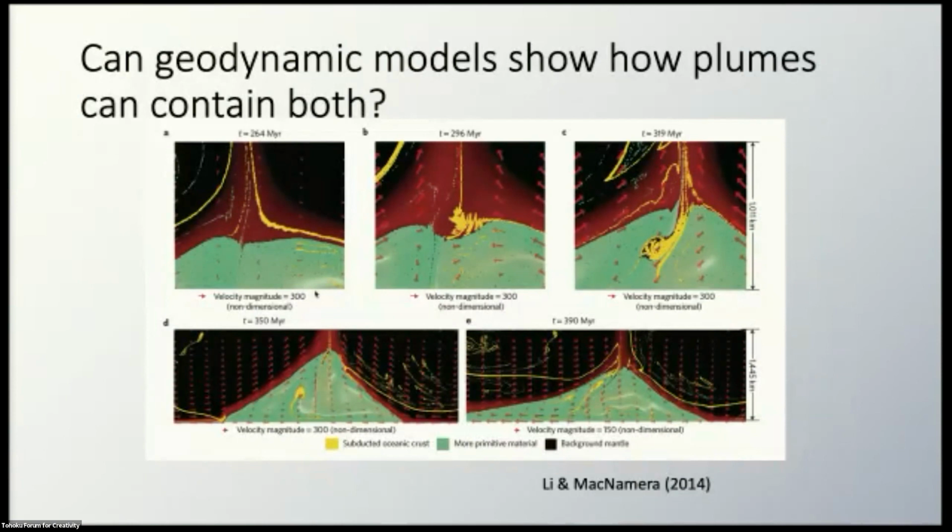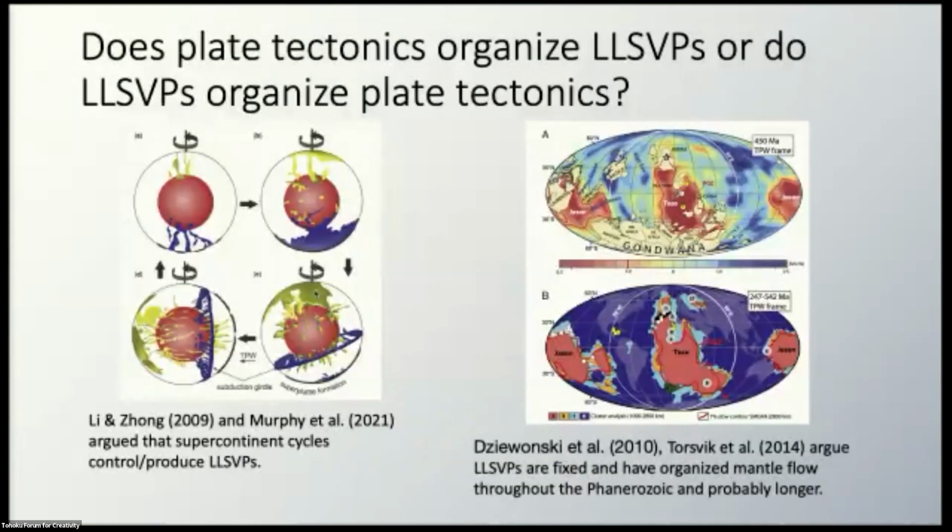Geodynamicists, this is one of my favorites, from Lee and McNamara. Their idea is that the yellow is subducted oceanic crust, and the green is more primitive. These are the LLSVPs. First of all, the LLSVPs work as waveguides to start the plumes, and they can eventually pull in both recycled and primordial material.